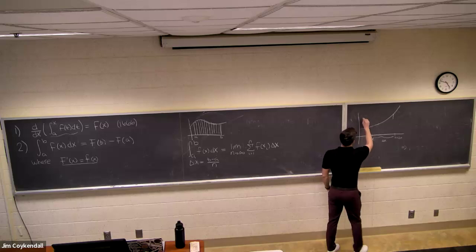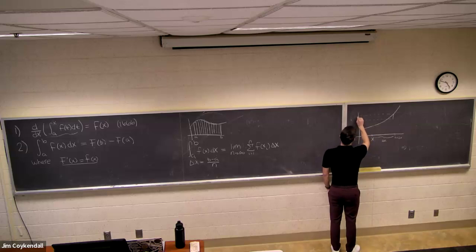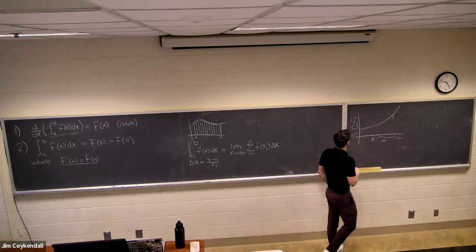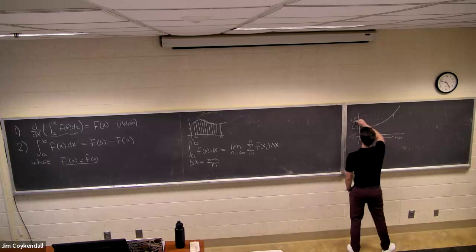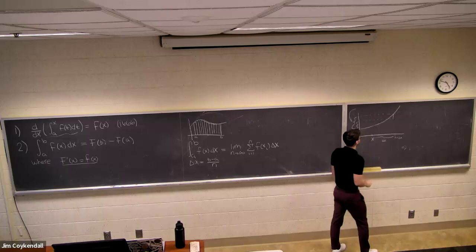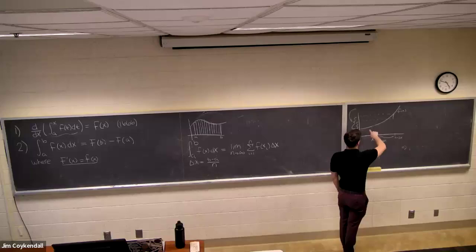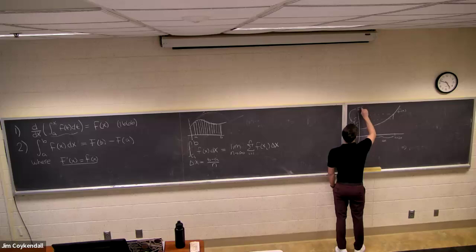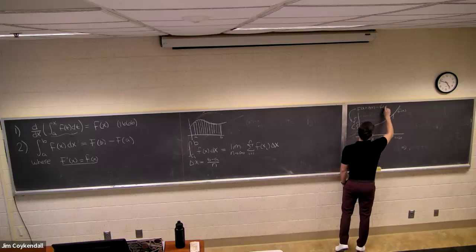In other words, as change in x goes to 0, these two quantities should converge to one another. They both go to 0, but we're going to make use of this fact, right? So this first one is just the change in the function on the interval. So that's just f of x plus change in x minus f of x.